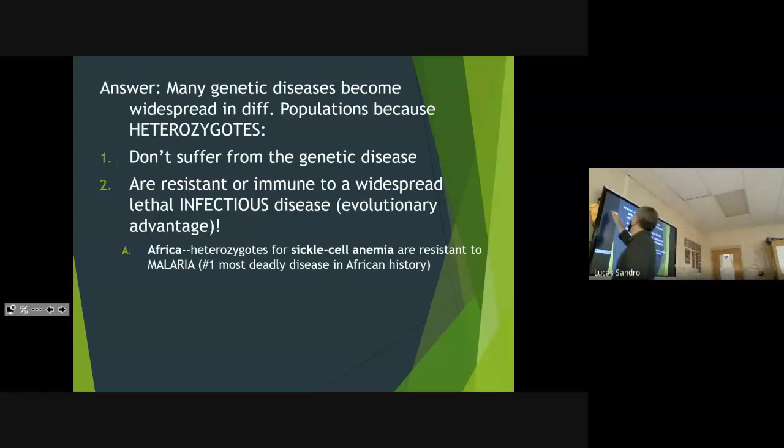Remember, we're going to use big S as healthy, and the little s as sickle cell. And let's just say we've got a mom and a dad who are both heterozygous for sickle cell.